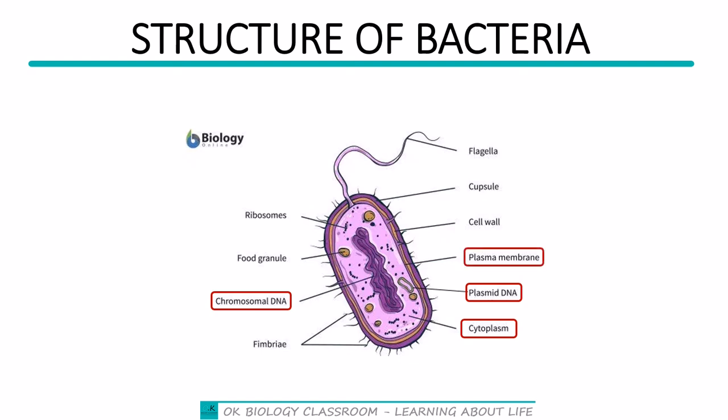Bacterium cell or the cytoplasm is surrounded by plasma membrane, so that controls the movement of substances into and out of the cytoplasm. And there is cell wall that protects the cell and also keeps the cell in a state of turgidity.